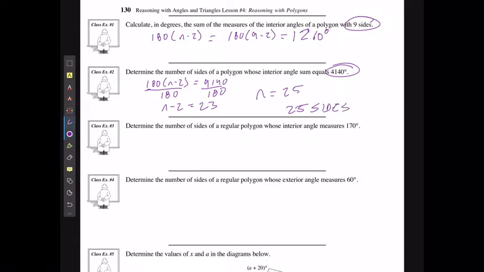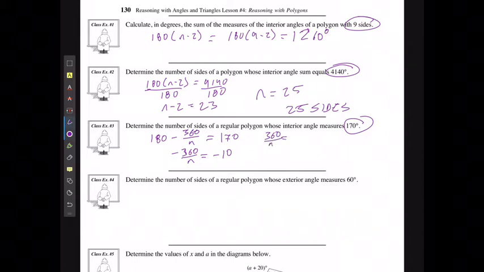Determine the number of sides of a regular polygon whose interior angle measures 170. Well, if my interior angle is 180 minus 360 over n, if it's a regular polygon, and that is equal to 170. The first thing I'm going to do is subtract 180 from each side, and say negative 360 over n is going to equal negative 10, or positive 360 over n is going to equal positive 10.